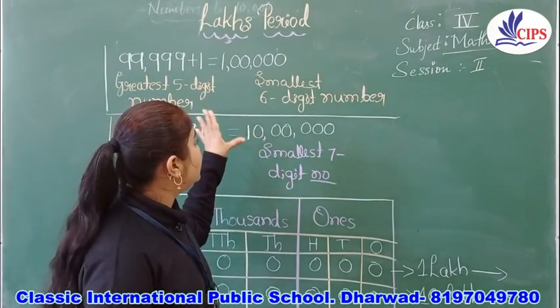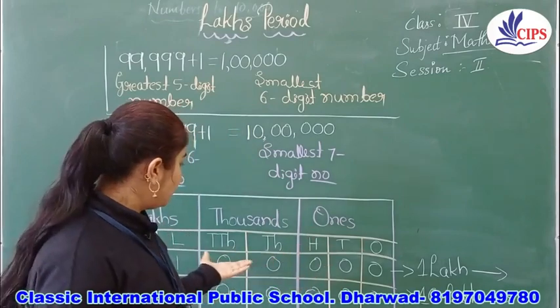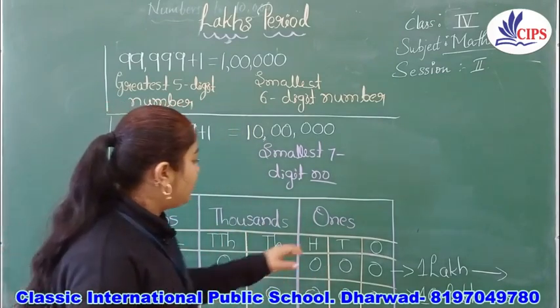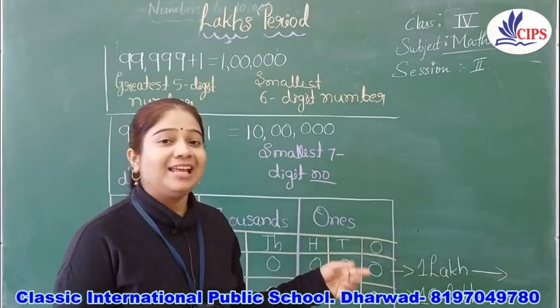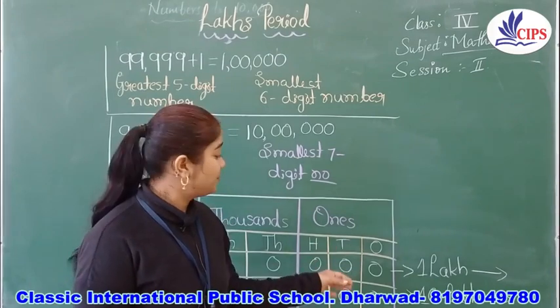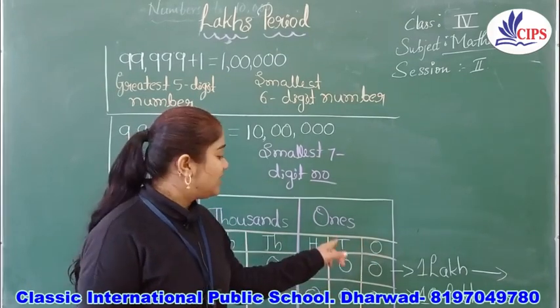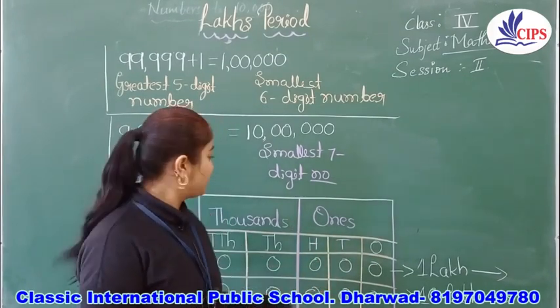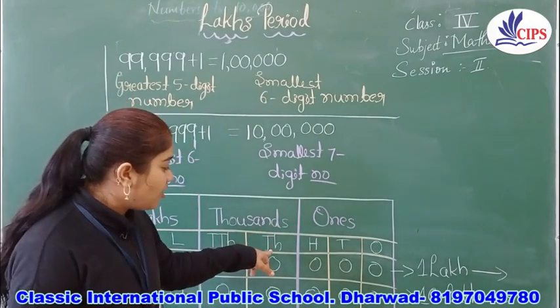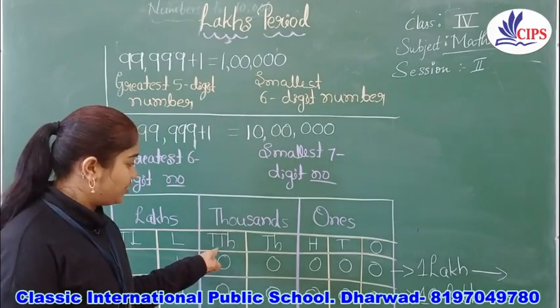This is about the lakhs period. So see this table, this place value chart. Here it is ones. You already know, in the ones we have ones, tens and hundreds. Similarly, in thousands, what are you looking at here? 1,000 and 10,000.